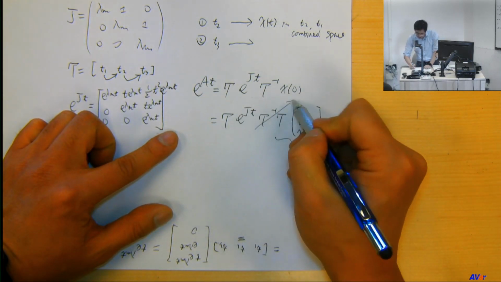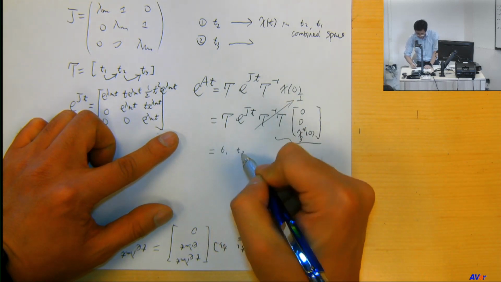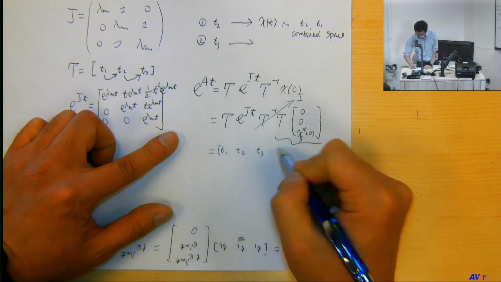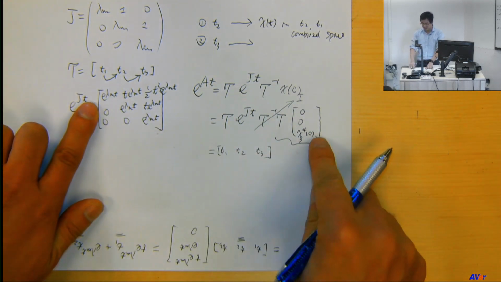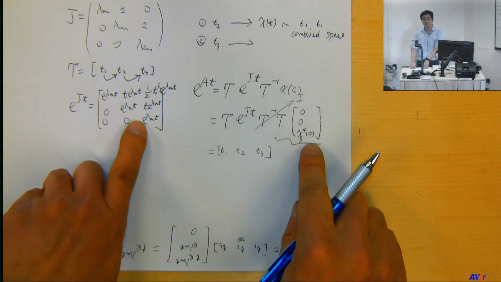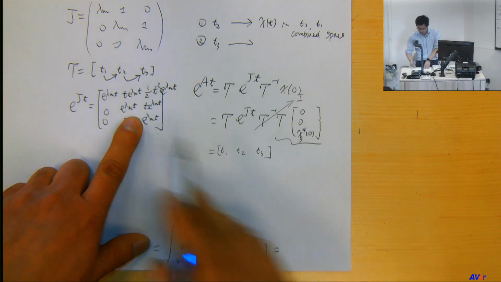So this cancels out, and then we get T1, T2, T3 times this matrix multiplying this vector. So it's picking the third column, right? You see the third column contains all non-zero elements.